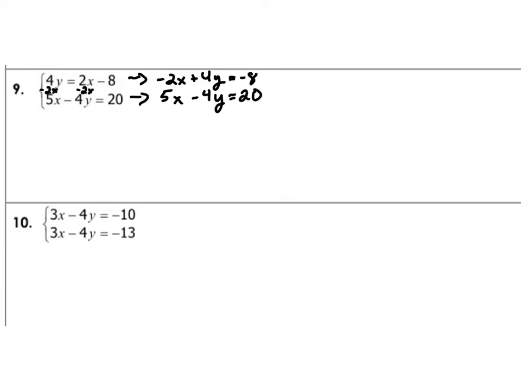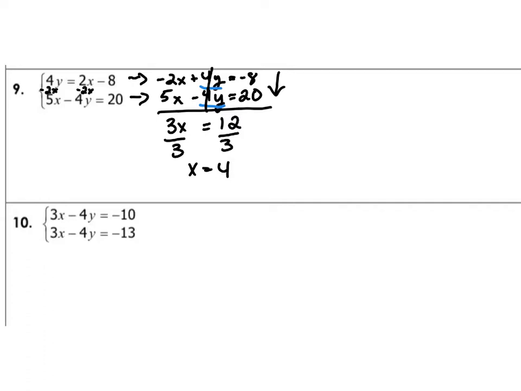But once you get to here, it's going to be similar to solving the other ones. You should notice that the y's are opposites. So we know they're going to cancel out. So we're just going to add them together. So we get -2x plus 5x is 3x. Our y's cancel out. And then we get 12 from -8 plus 20. Sorry if you hear my dog squeaking her toy in the background. Next step is divide by 3. X equals 4.